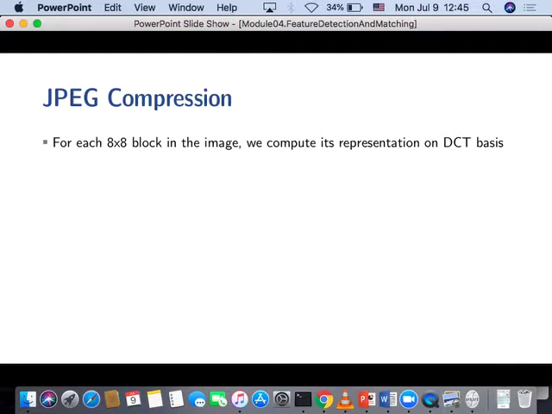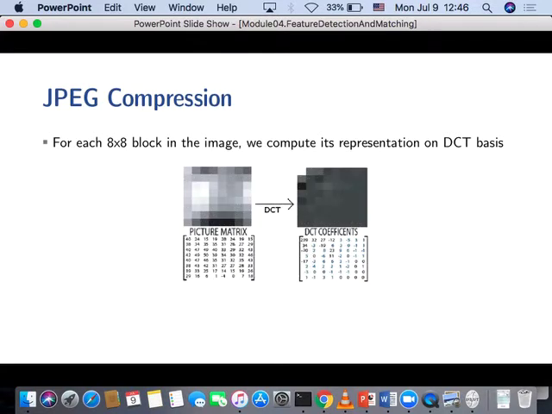That means we transform the vector of that 8x8 block, which is 64 values, from the original pixel value vector, which is based on the identity basis, to the DCT basis. So we represent those 64 values on a DCT basis, and that becomes the DCT representation of that block. So this is the original picture matrix. These are the original values. When I compute the DCT, I get values like this.